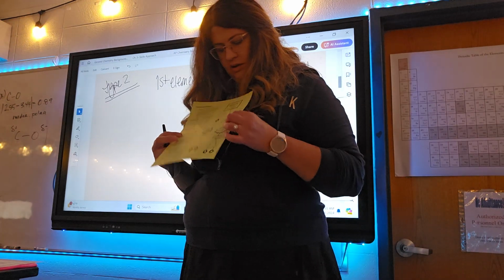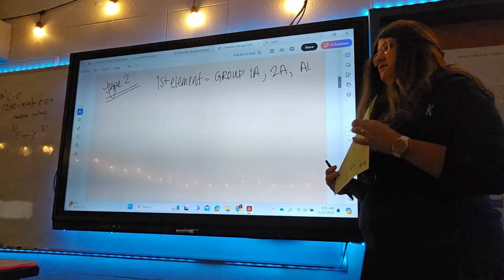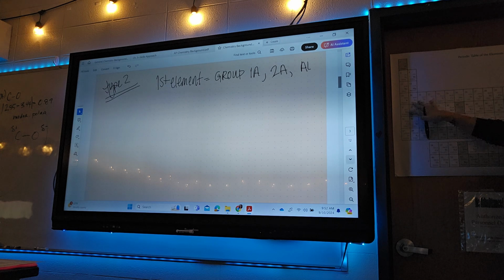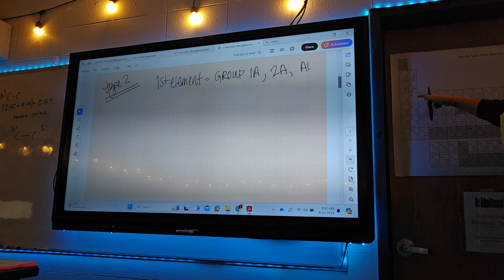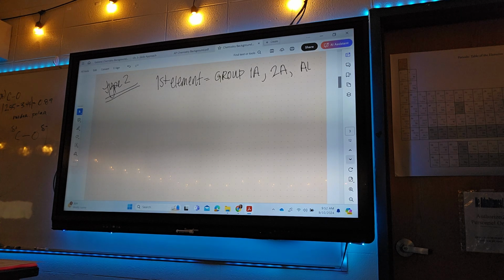As you can see here, if your first element is a metal, we know that it's a metal because it's on the left side of the staircase. Obviously group 1 and 2 are on the left side. Aluminum also is on the left side.